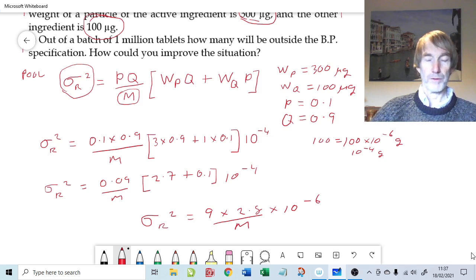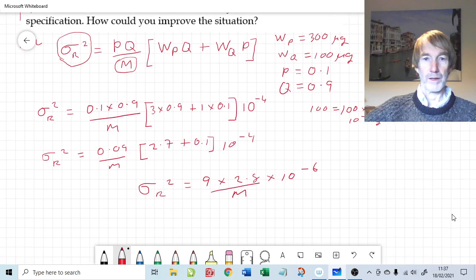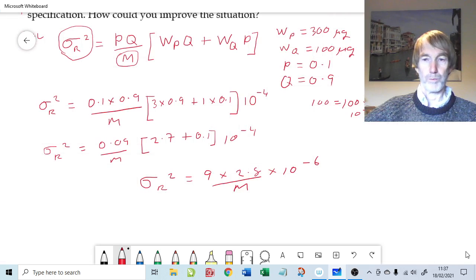Right, and these are the two things that we don't know. We don't know the sigma R squared value and we don't know the M value. Well, sigma R squared is something that we can use an alternative means to determine. So we'll rearrange this equation for M. So we're going to be working out the mass of the pill depending on what we choose our confidence limits to be.